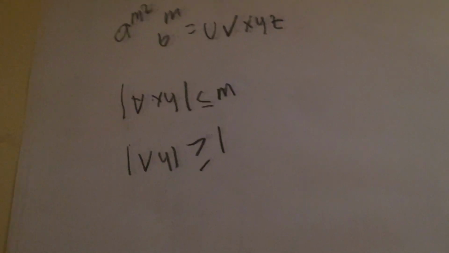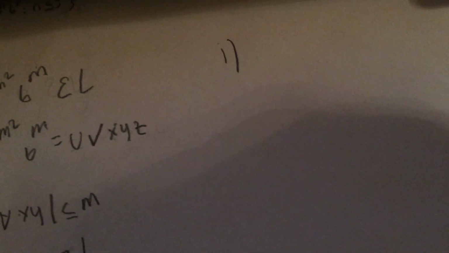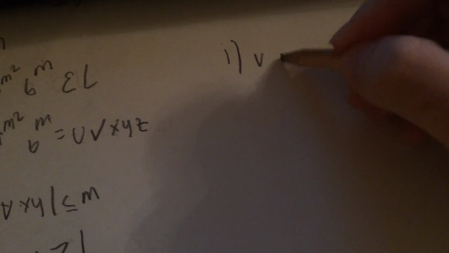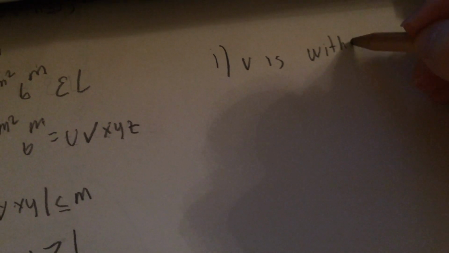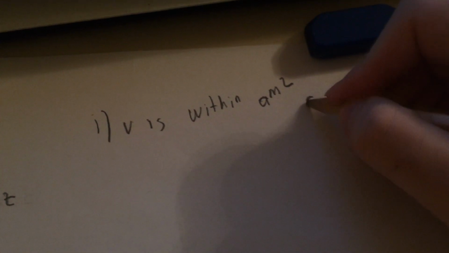So in our first case, v is within a^(m²) and y is within b^m.